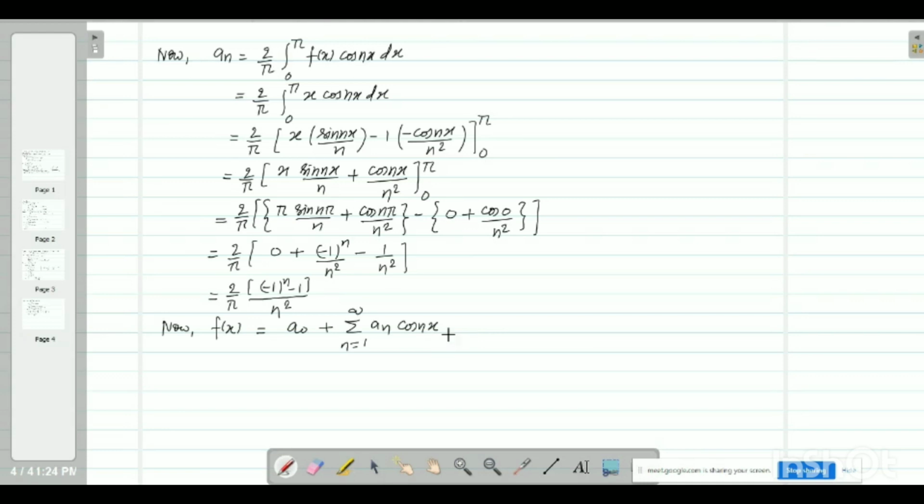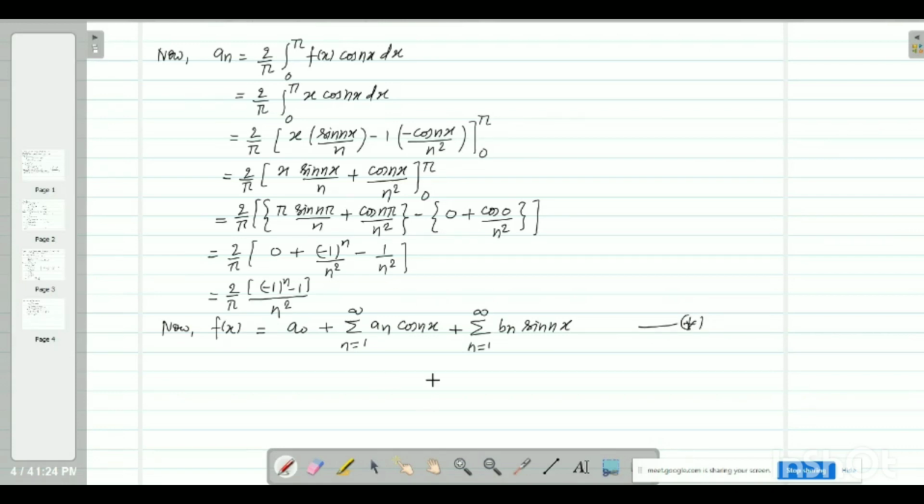Okay, but bn is 0, so no need to write that. If you want, just write it down, if you don't want, then don't write. So if I want, we write here n equal to 1 to infinity bn sin nx. Okay, this is equation number star.